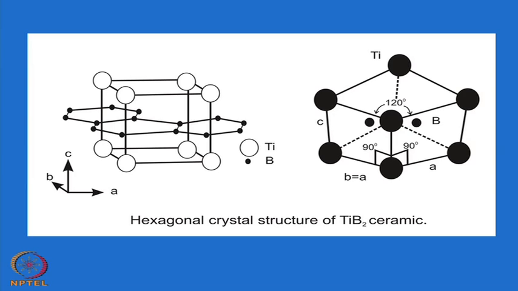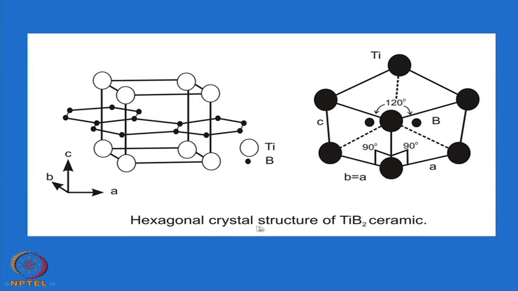Many of them, particularly the advanced ceramic group of compounds, are non-oxides, or they may be carbides, nitrides, borides and so on. So, here are a few examples of the non-oxide family of ceramics. To start with is titanium diboride. We will come across these compounds later on, so let us have a look at their structure.